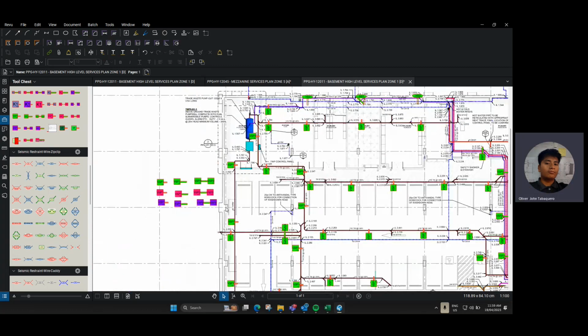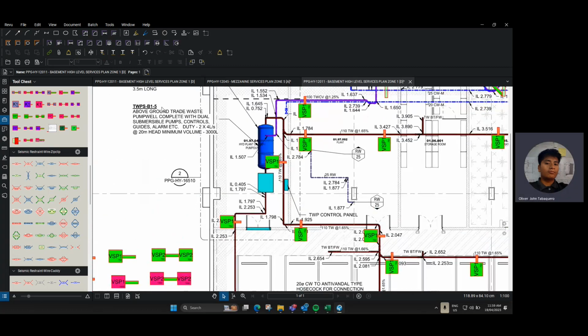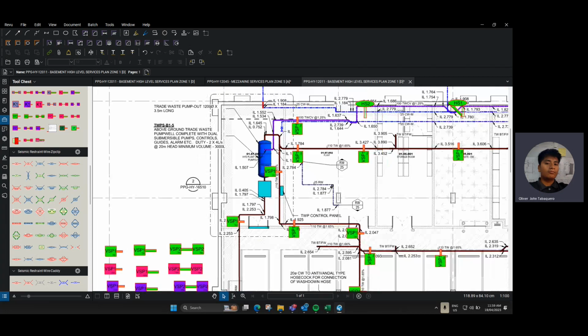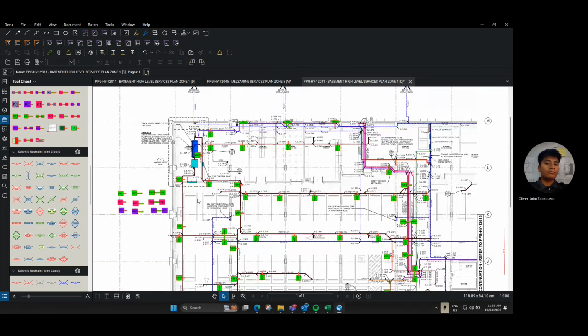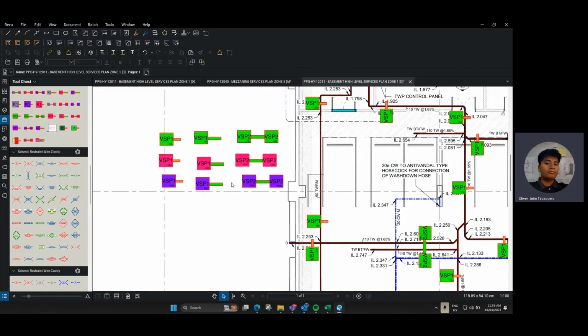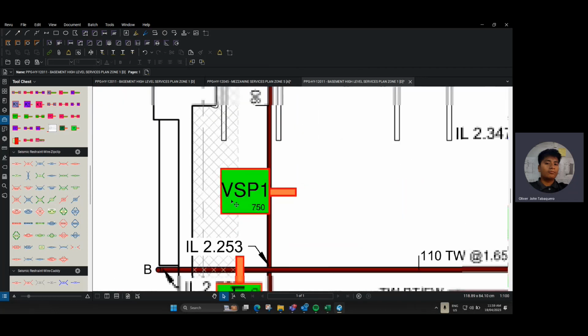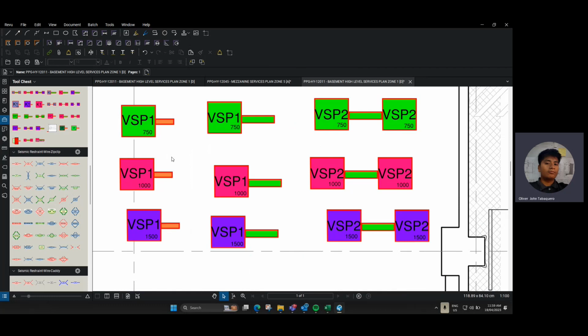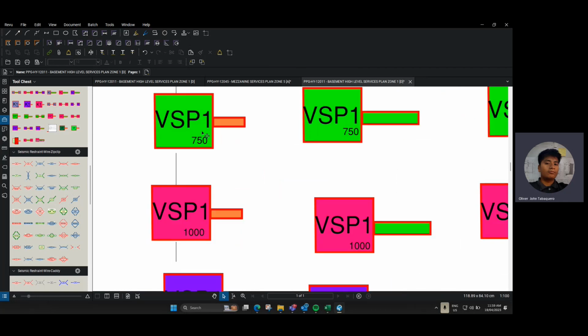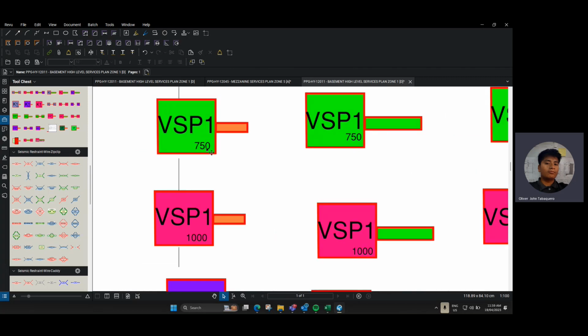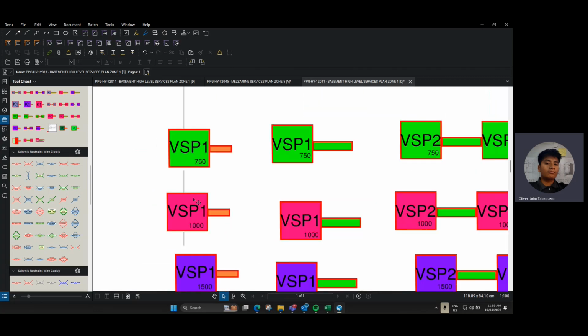Okay, so, oh, by the way, this wasn't counted because I think this was concrete or underground. Yeah, something like that. Okay, so just want to show these two. So VSP, they have a small number here. This indicates that this is the maximum hanger height they can support. VSP1 can support up to 750 mm hanger height.